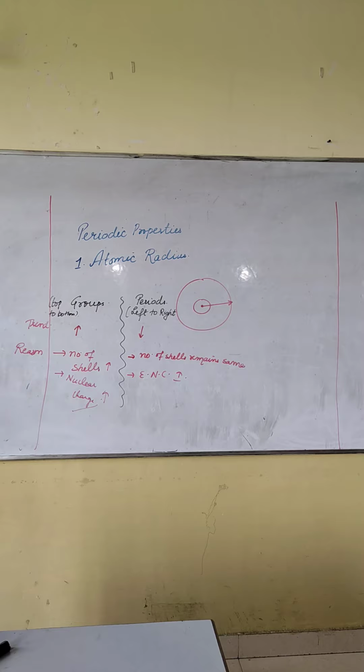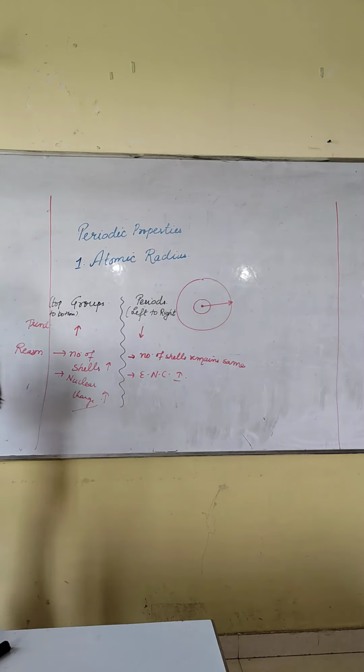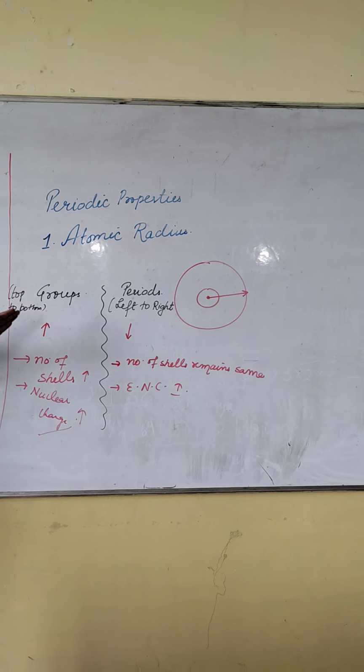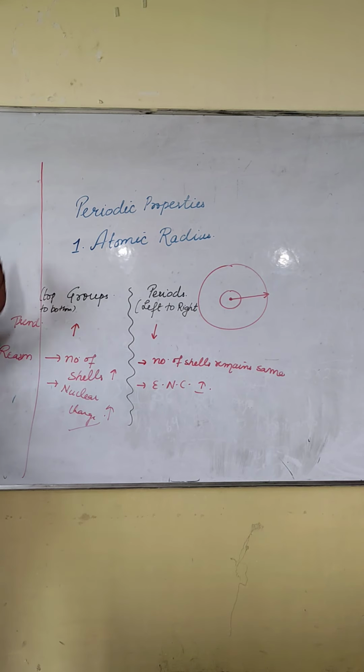Okay? So this is the trend of atomic radii along the groups and periods. Fine? Size increases when we are moving from top to bottom, and size decreases when we are moving from left to right in a periodic table.